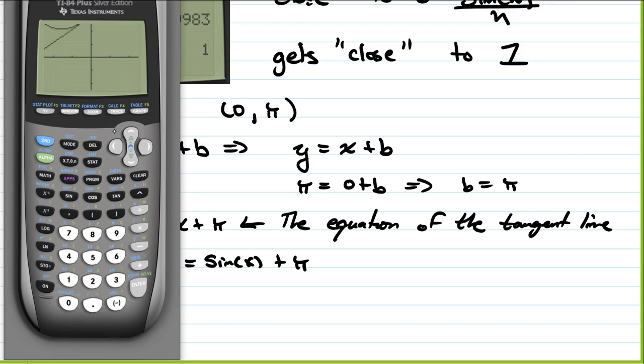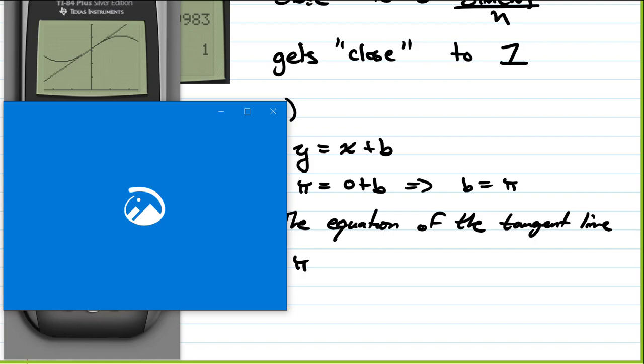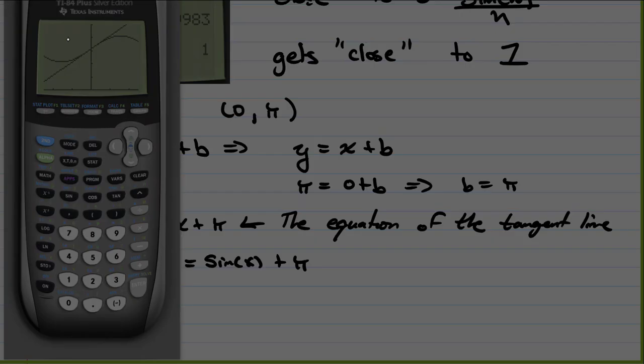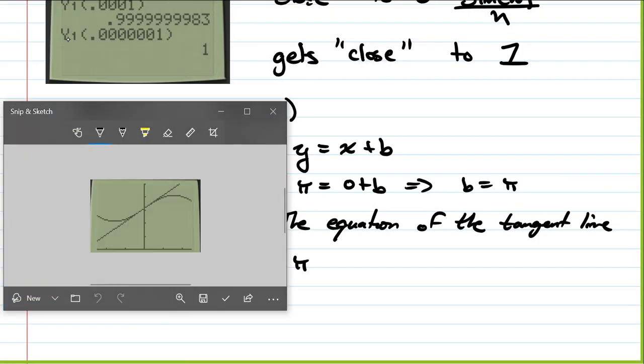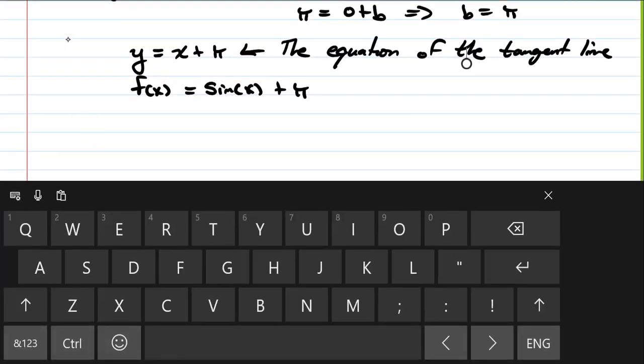I'm going to need to adjust our window up a little bit. So window, let's make our y min 0 and our y max 5. And if we do that, we see there's our sine function. And then we see our tangent line comes in and touches our graph, and then takes off.